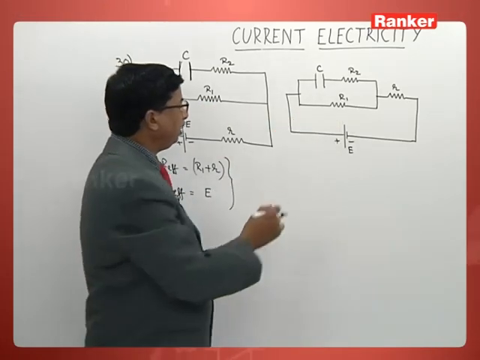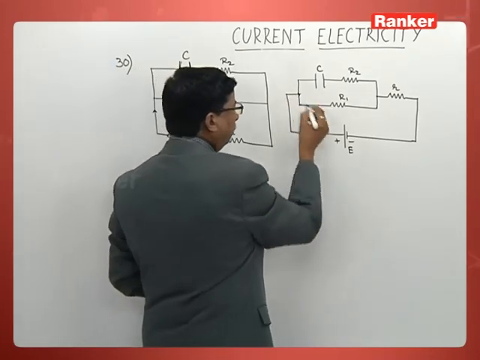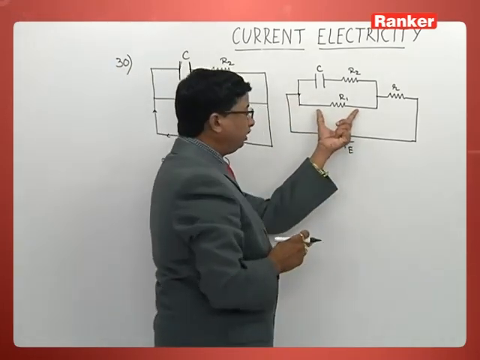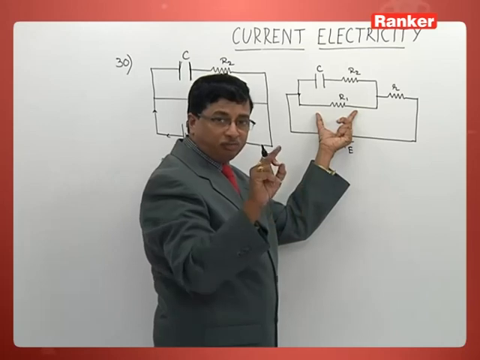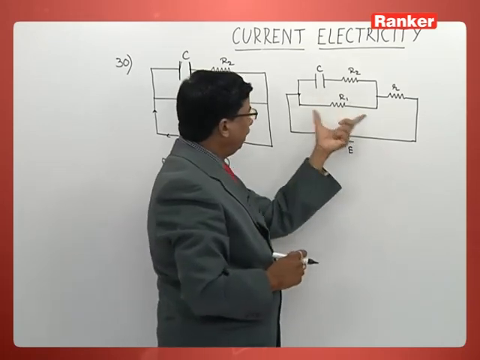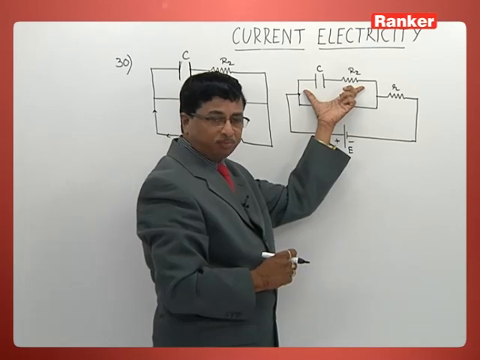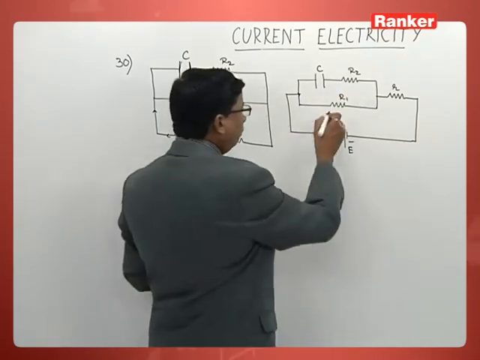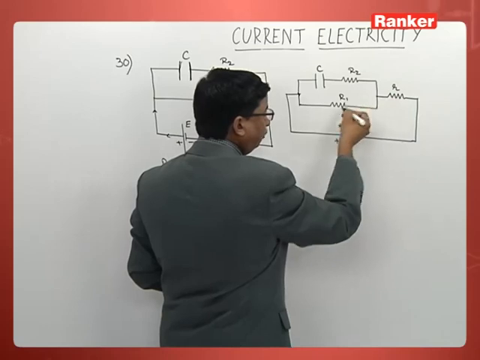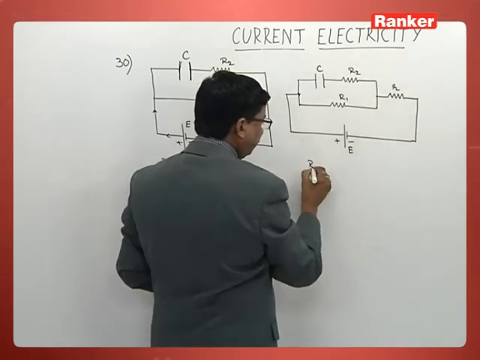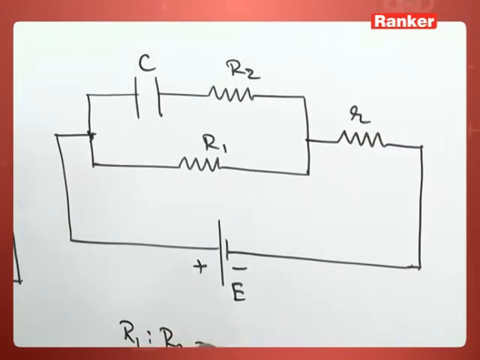What can you better understand from this? Whatever is the potential difference across this R1, the same will be the potential difference across this branch also. Therefore, what is the ratio of their resistances? R1 is to R2.